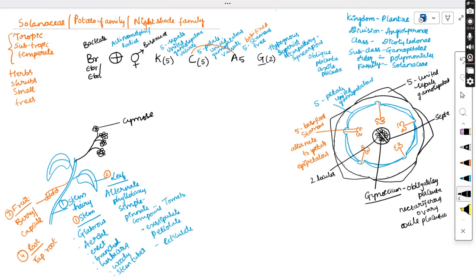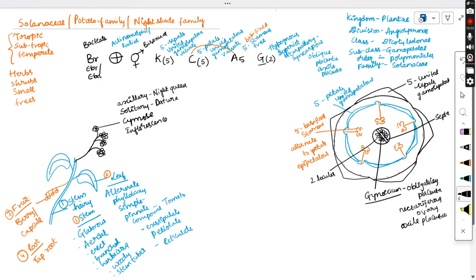Usually cymose can be seen in Solanum. This family will also show the solitary type, where a single flower will be present. That is a type of cymose in the case of Datura. And axillary inflorescence is seen in the night queen plant. So different types of inflorescence based on the family come under this. Mostly it is the cymose inflorescence.